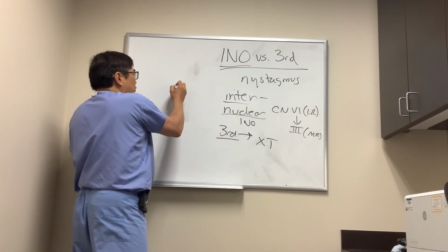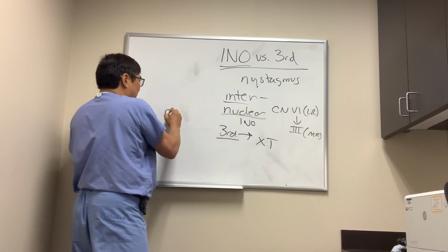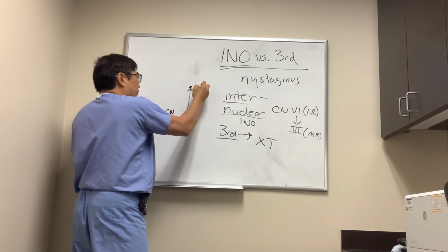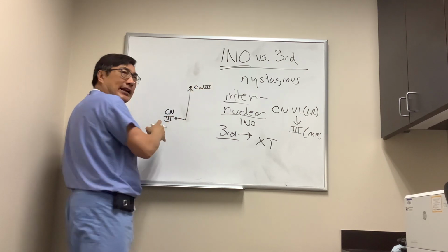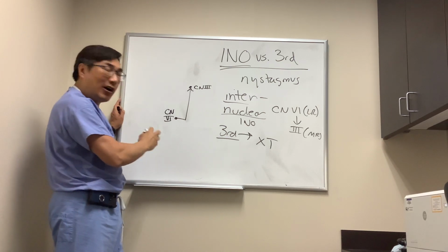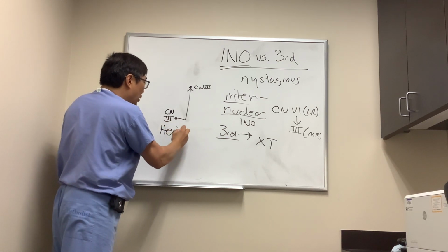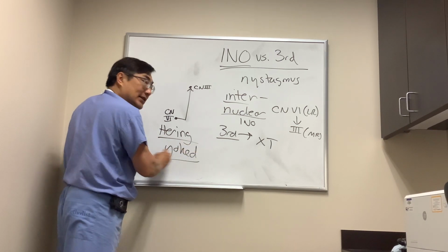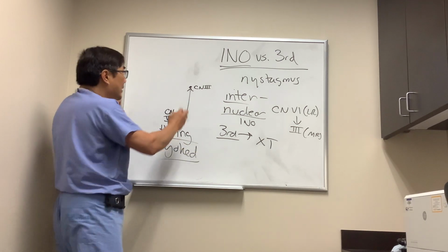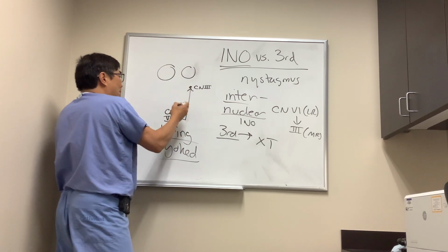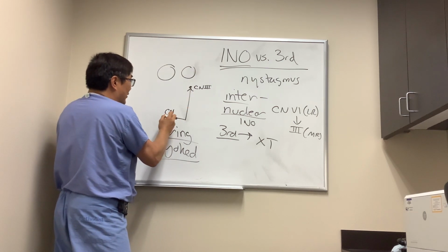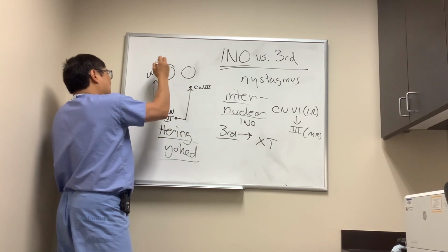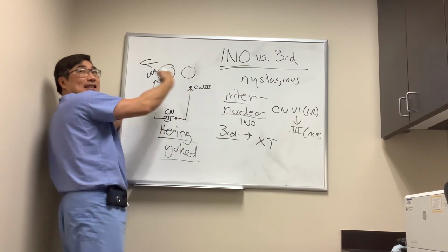However, in a patient who has an INO, the cranial nerve 6 nucleus is trying to talk to the cranial nerve number 3 nucleus so that it can activate, with Hering's law of equal innervation, both muscles which are yoked together to look in the same direction at the same time with the same speed. And so what you're trying to do with a 6th nerve, let's just say this 6th nerve is trying to talk to this lateral rectus muscle so we can look that direction.